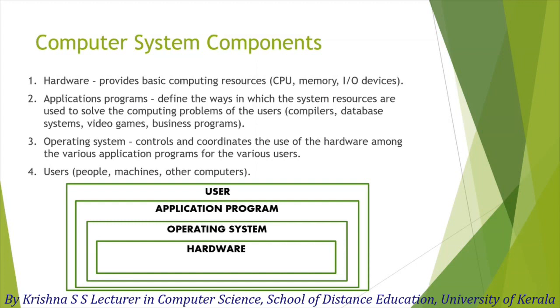There will be conflicting requests for IO devices as well as CPU. So, the operating system must decide who should be given the priority. Whenever one process is going for an IO operation, the processor should be given to another process for execution. This management is done by the operating system.